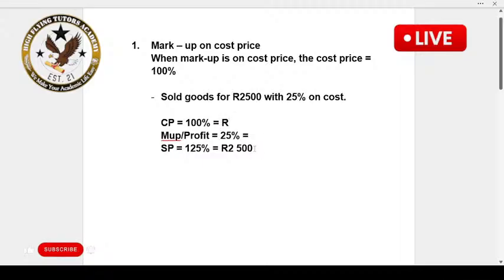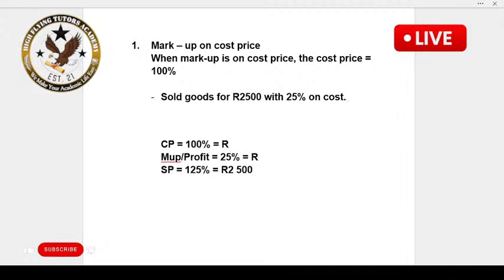So how are we going to calculate the rand value of the two? We're going to use my formula that I think can make you understand better. In order for you to do the calculation, you are going to use this formula.